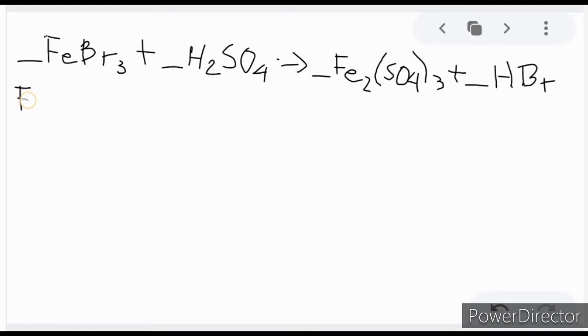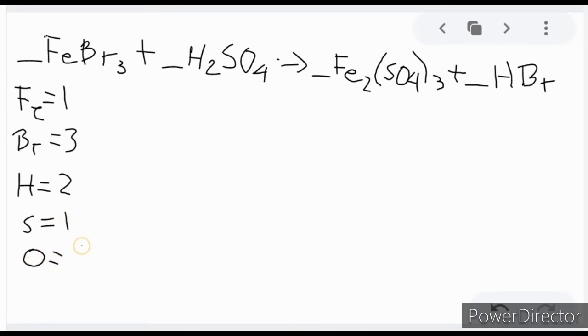The first element involved is Fe, and it is in the same group with Br3. So, Fe is only 1, and Br has subscript 3, so it should be 3. Then another element involved is H, which is equal to 2. Then S, which is equal to 1, and O, which is equal to 4.